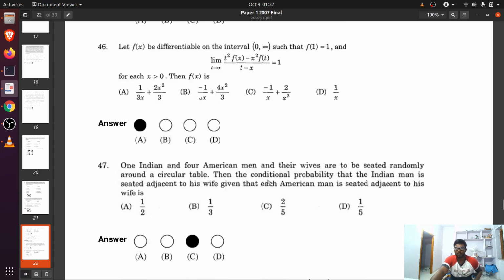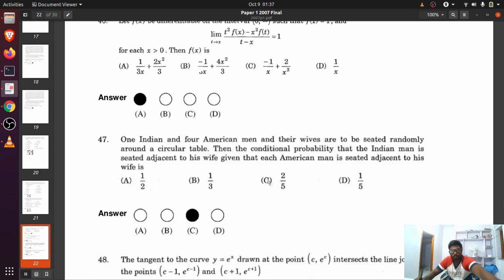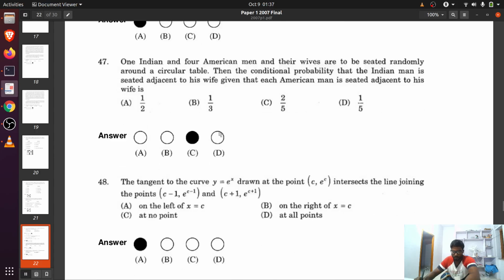Fair enough. Now let's move to question number 47. This question is a counting problem, using probability, the concepts from permutations and combinatorics and conditional probability.